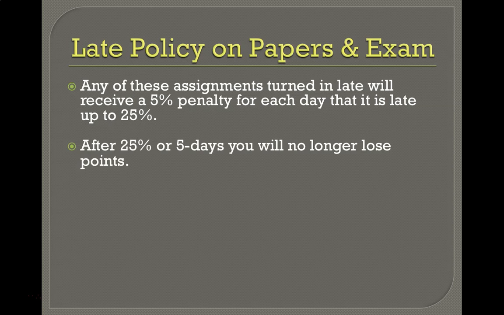So after 25% or 5 days, you'll no longer lose points, right? So basically you have 5 days after the initial due date to turn it in. After that point, you've lost a quarter of the points, but then after 5 days, you don't lose anymore. So you only ever lose 25%, which is a pretty big loss, honestly.